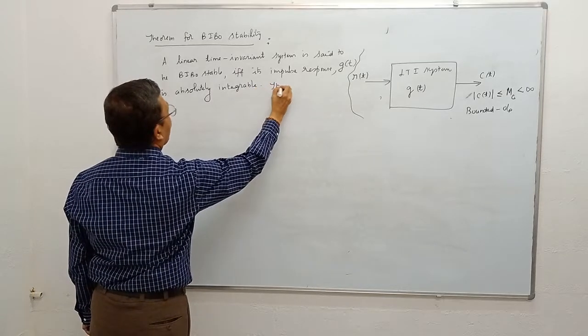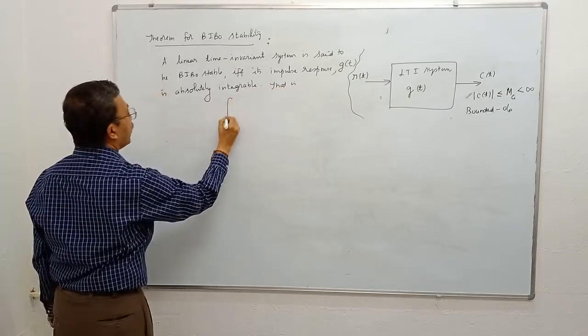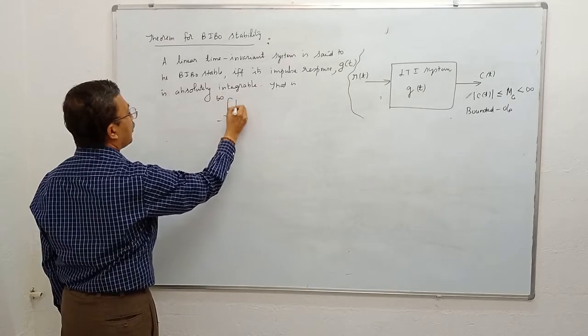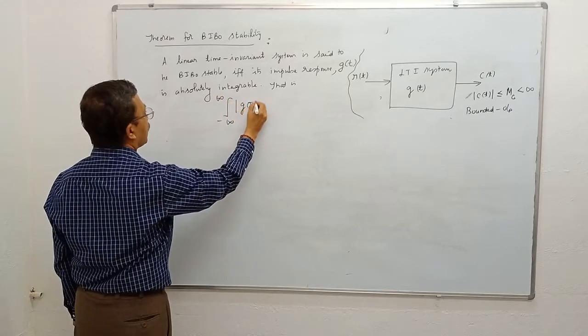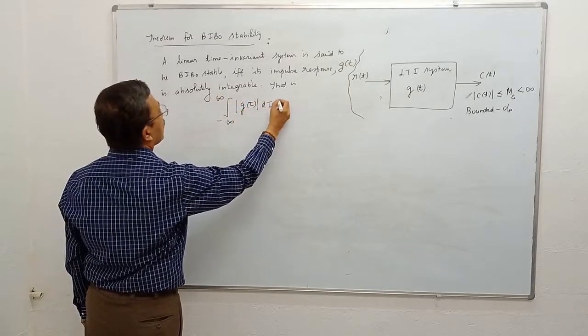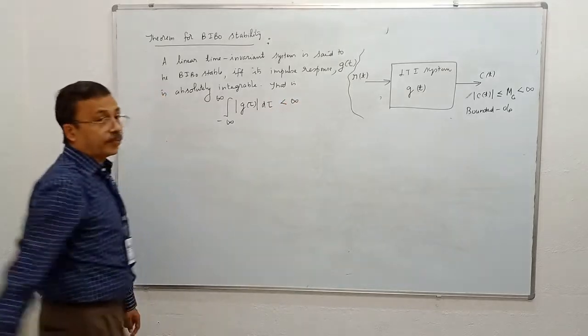That is, integration from minus infinity to plus infinity, modulus of g of tau d tau, is less than infinity.